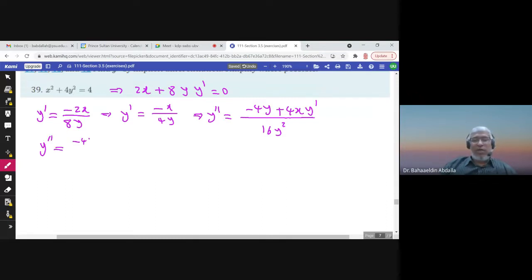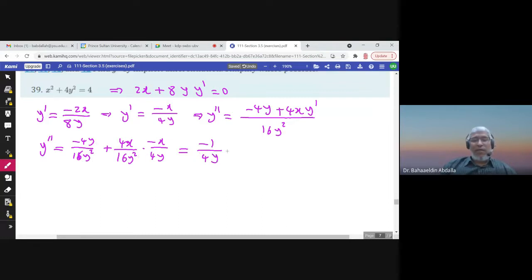So you can say negative 4y over 16y squared, plus 4x over 16y squared times y prime, and y prime is negative x over 4y. So I have negative 1 over 4y squared times y, which is y.